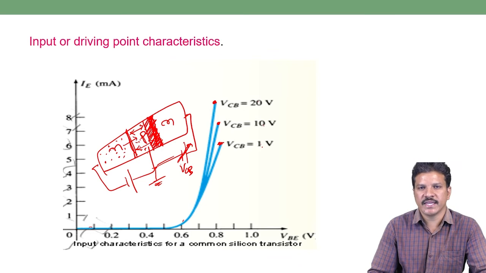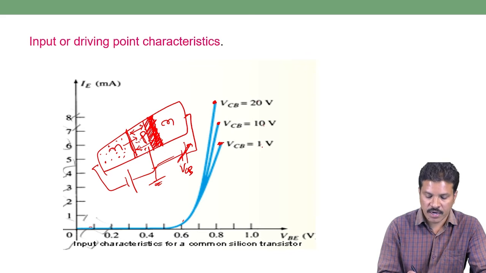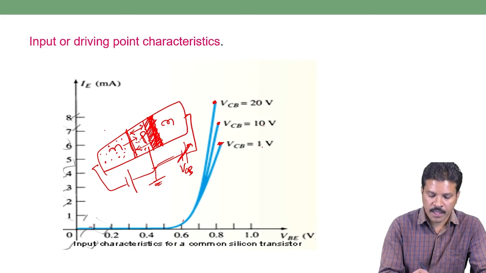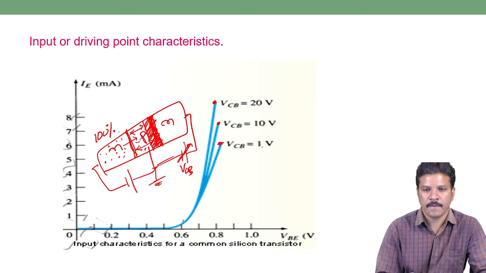When the base current decreases, the collector current automatically increases and the emitter current increases as a result. So here the IE current comes: 100% of the current comes from the emitter.